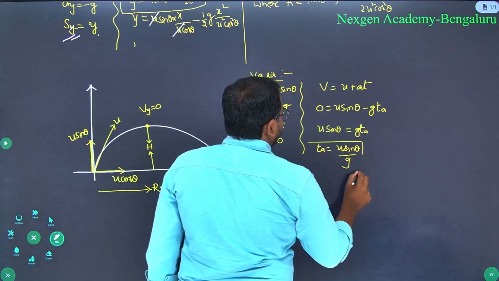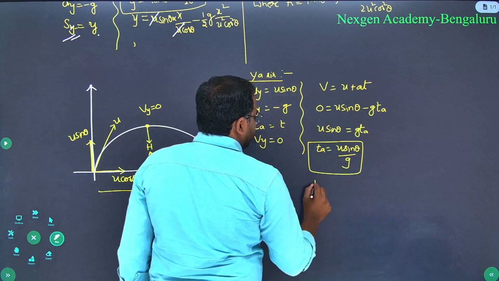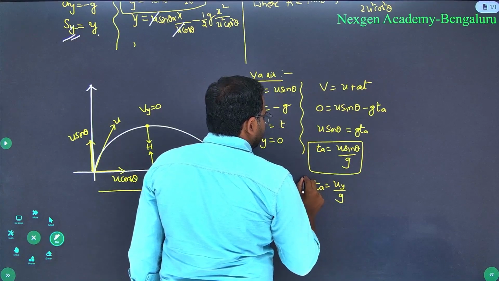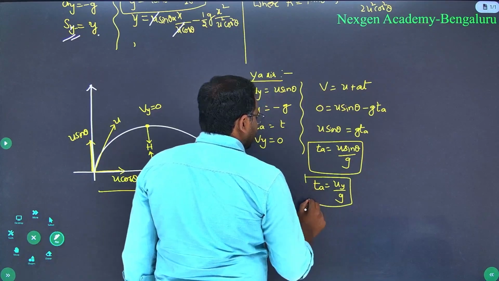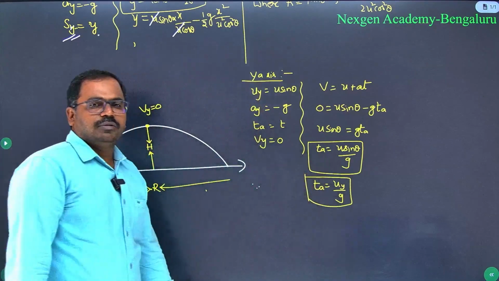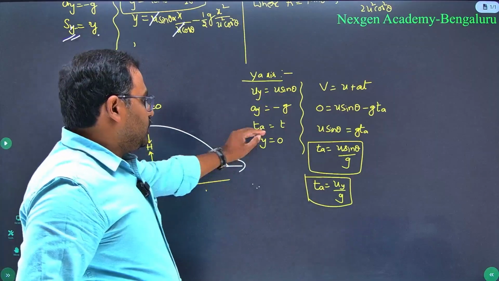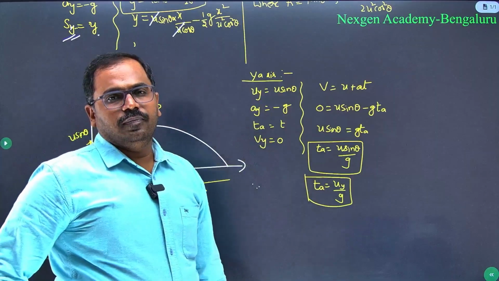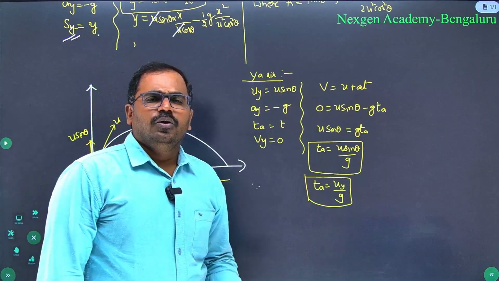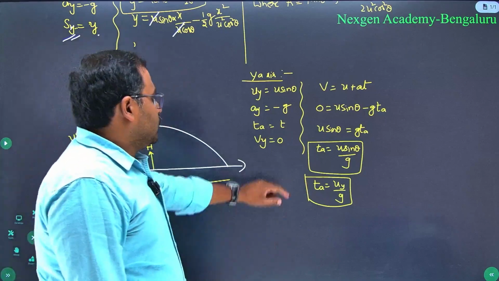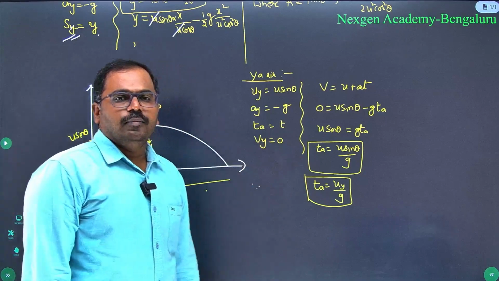This is the time taken. Or you can write ta = uy / g, where uy means u sin θ. For a body projected vertically upwards, we have studied that T = u/g. Here also the same kind of formula, uy/g, instead of u we got uy/g. So that is u sin θ / g, the time of ascent.